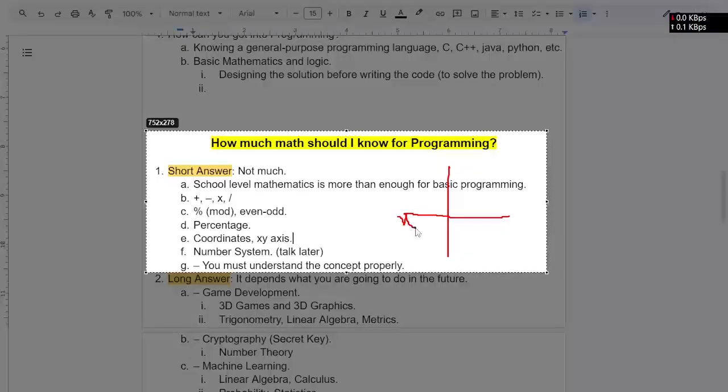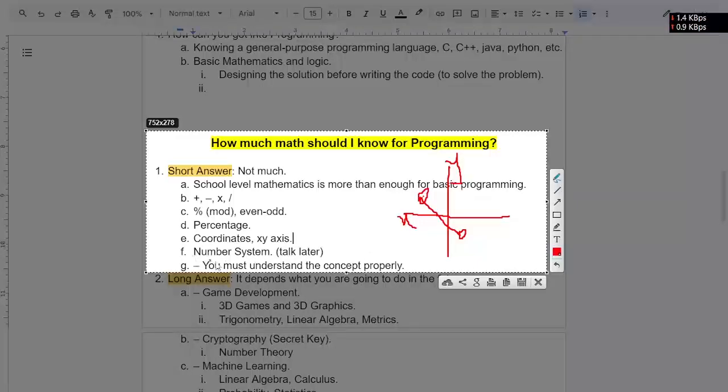This is the x-axis and this is the y-axis, and we know about some points, and we can connect those points, and we can know the distance from this point to this point. We know about this. I think most of you know about these coordinates, and you learned it in your high school level.